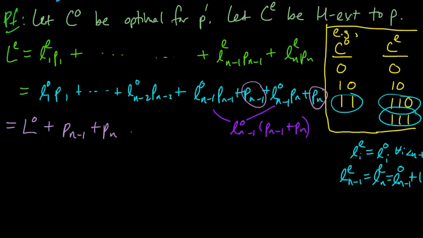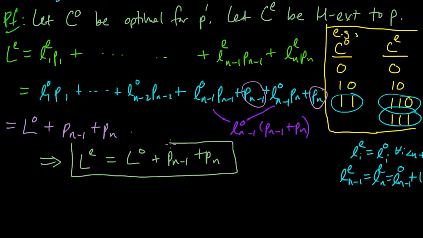Okay, very good. So now we have a pretty little expression for the expected code word length of this guy, the extension, in terms of the expected code word length of our original optimal code.